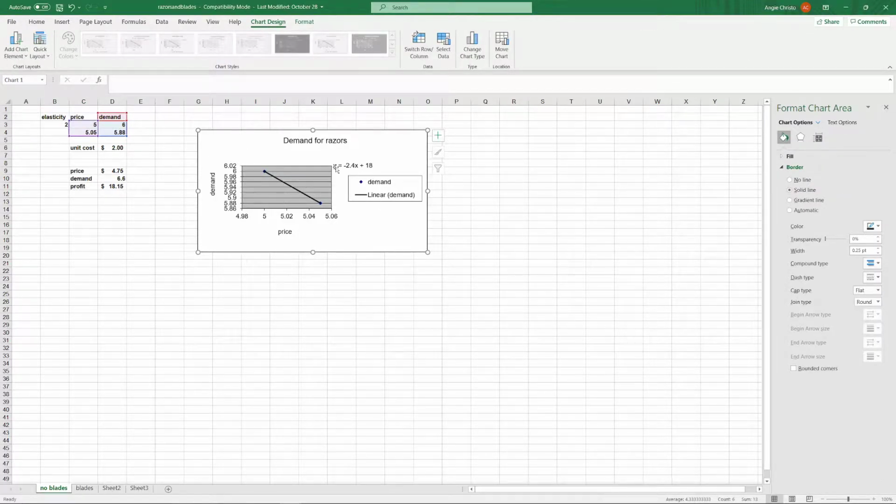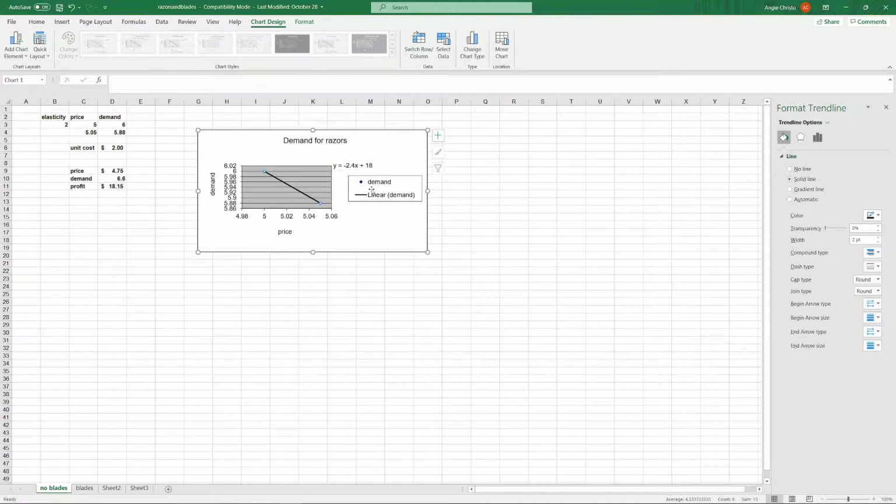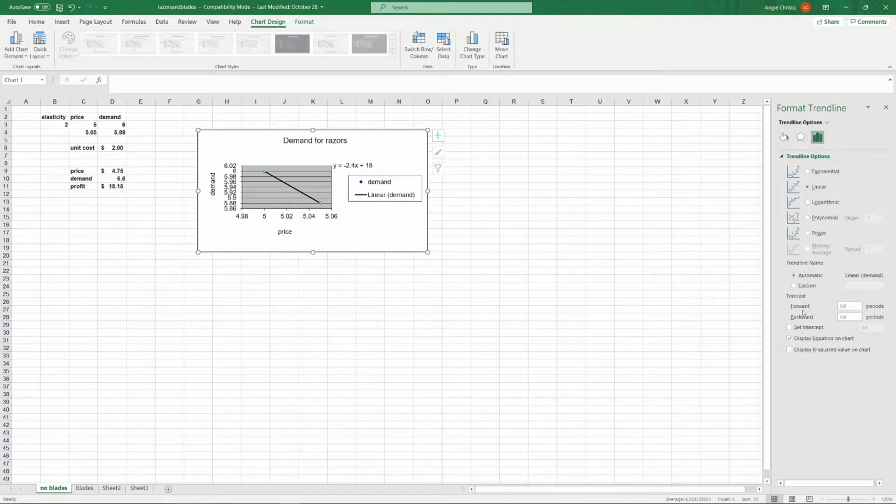And we are given the equation for that line, right? Two points, a unique line goes through them. That is the equation for that line, all by using this trend line option here in Excel. We just make sure it is linear and we display the equation on the chart.